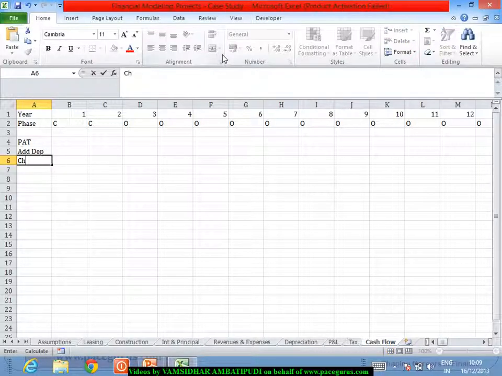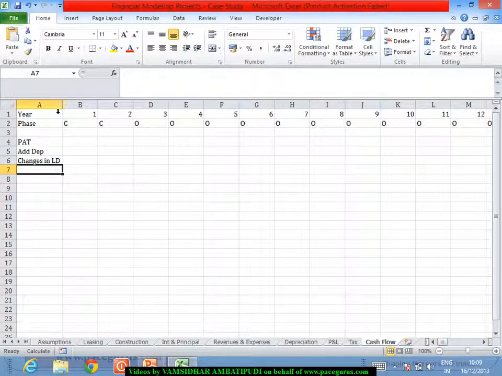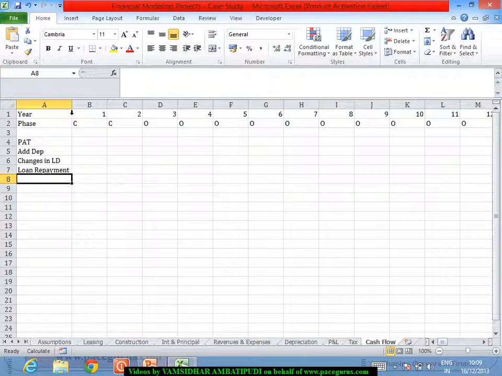Then I am going ahead with changes in lease deposit. That's one more area that is impacting our cash flow. Then I am also looking at loan repayment, whatever is the cash outflow or inflow.